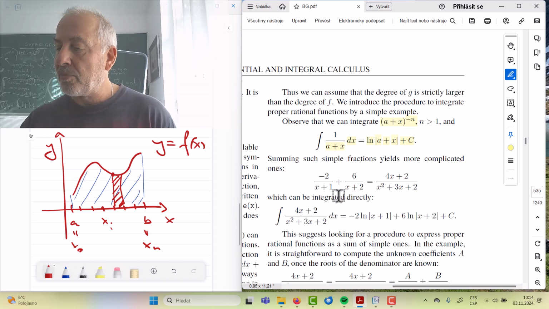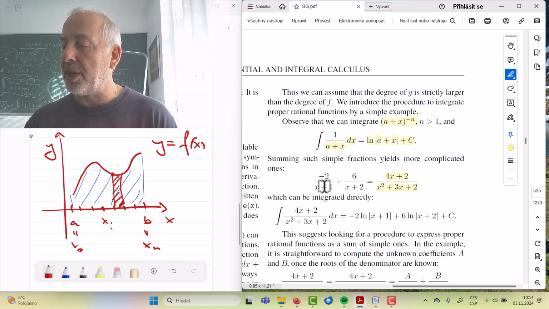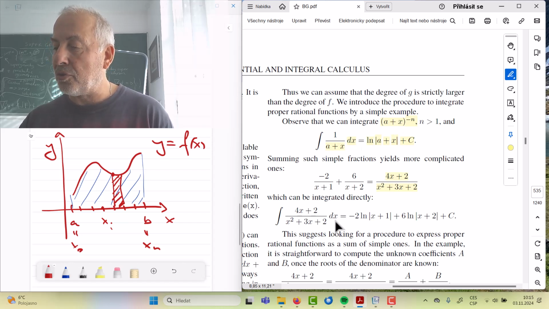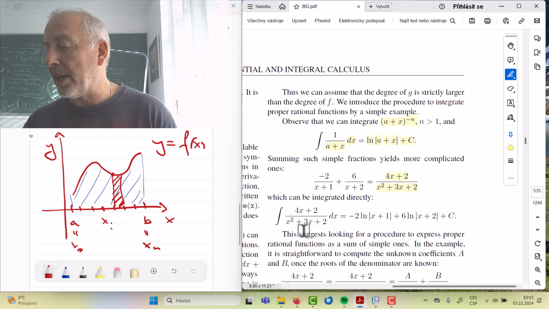And now, if you have something more complicated like this, it turns out that you can always write such a thing as a sum of terms which are of the previous kind or slightly different, right? So for example, in this particular example, we immediately can integrate the seemingly complicated thing in this easy manner.